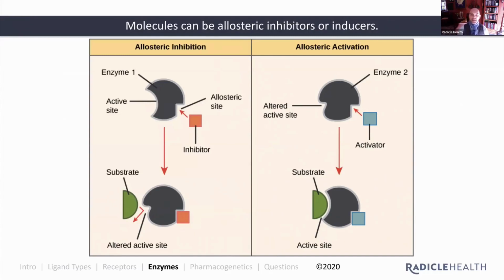These molecules cause the enzyme, again, to slightly modify the shape of the main binding site and increase the affinity with the natural ligand, and thereby they increase the reaction rate. On the right-hand side here, you can see the enzyme activator binding to the secondary site, and as it does, it helps the active site reshape itself so that it's a closer fit with the ligand, and then you have a better reaction.